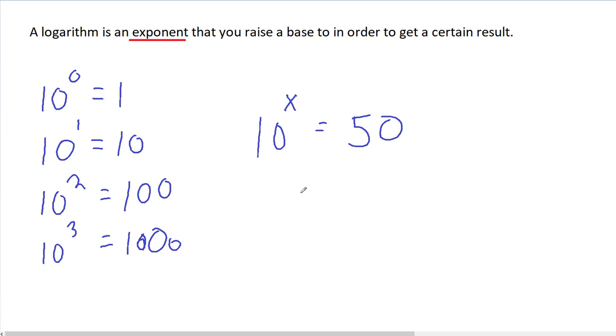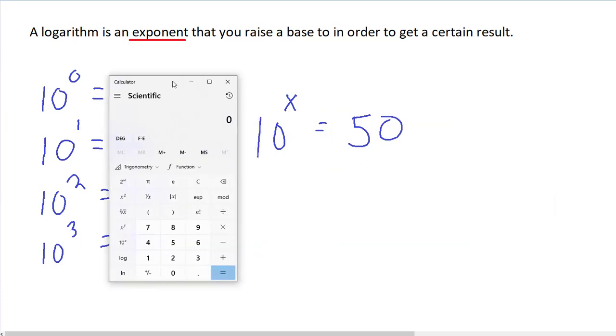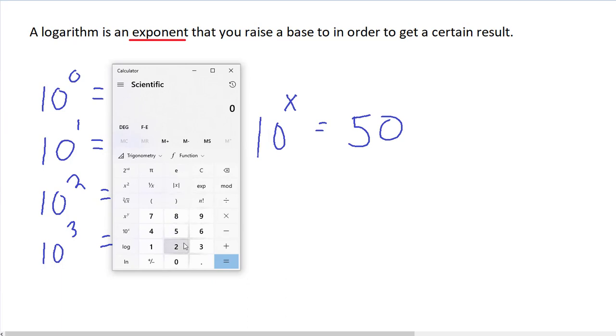So when I want to know what is the exponent that I raise 10 to get 50, I take out my calculator, and I type in 50, and I press the log button.